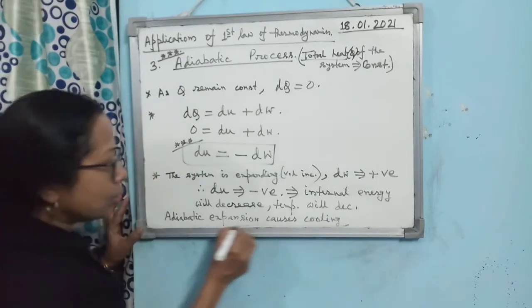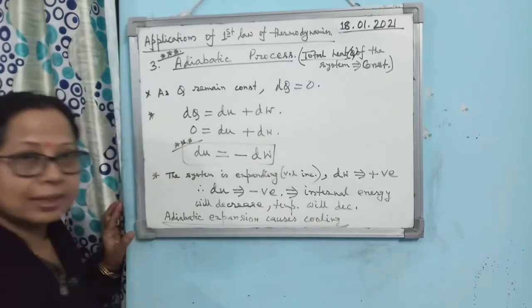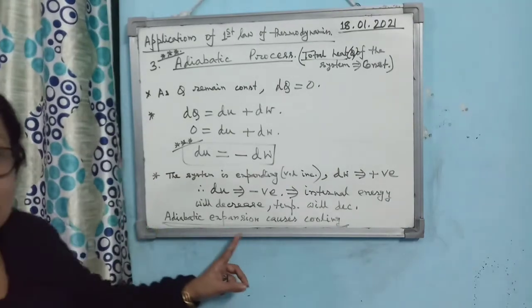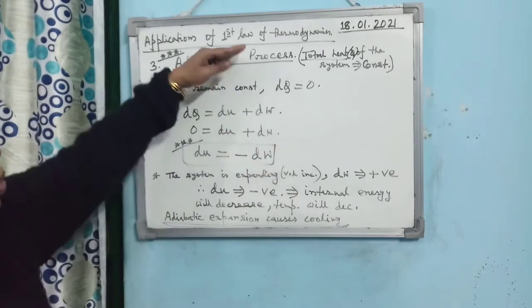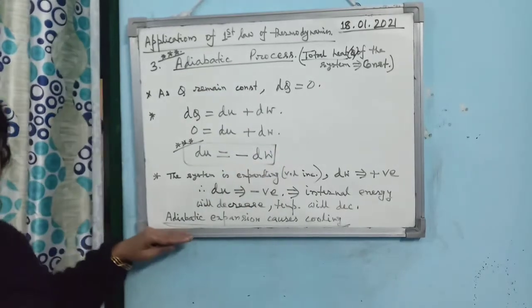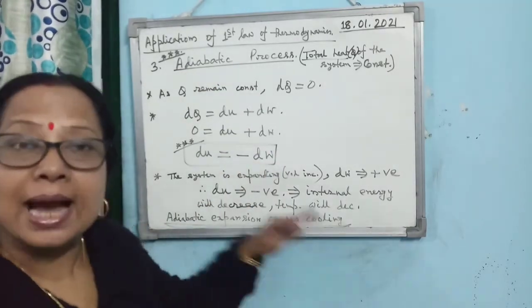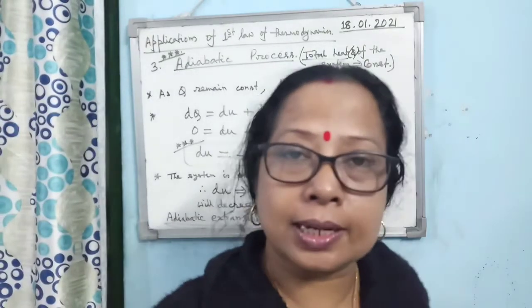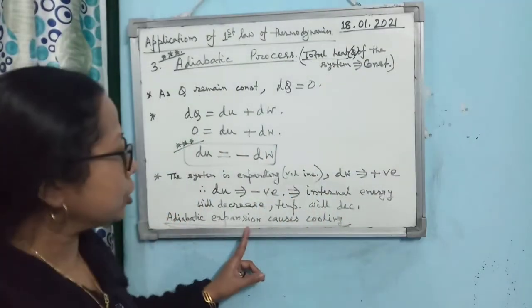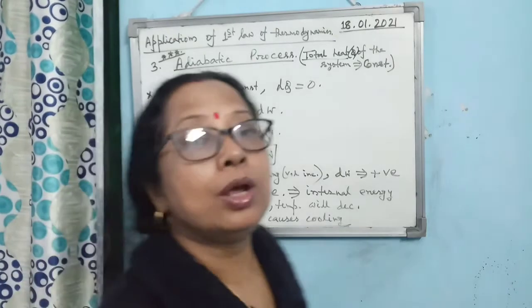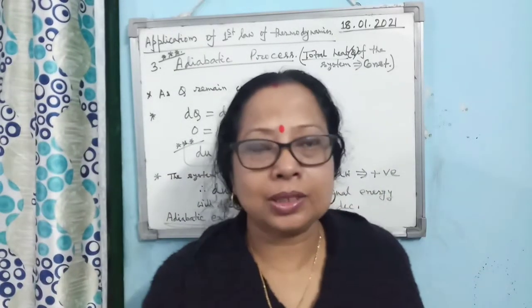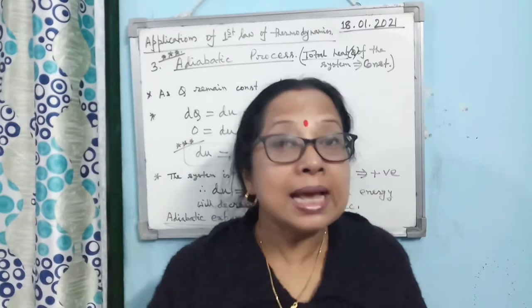So you will get a question like this: show that adiabatic expansion causes cooling. Then you have to write this way. Why does adiabatic expansion cause cooling? Isothermal expansion never causes anything. But if a system expands adiabatically, the practical example is when a tire bursts.